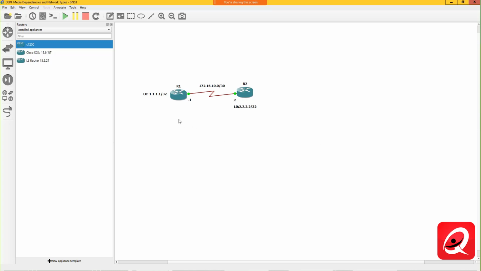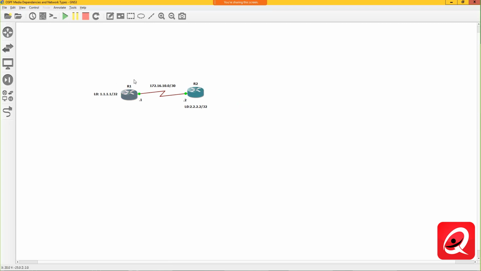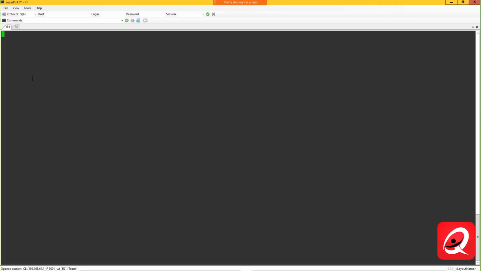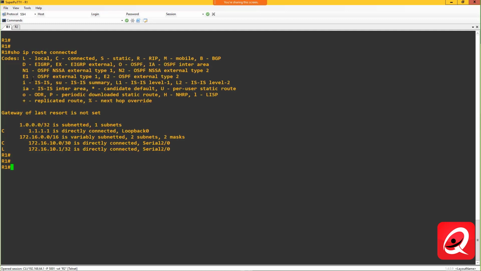All right, so I didn't do any OSPF in this topology, so we're going to go ahead and add that. If I come into router 1, I'll just do a quick show ip route connected, so you can see we have a loopback interface and a serial interface that's configured with IP addresses. So we're going to enable router ospf 1, our process ID on this router.